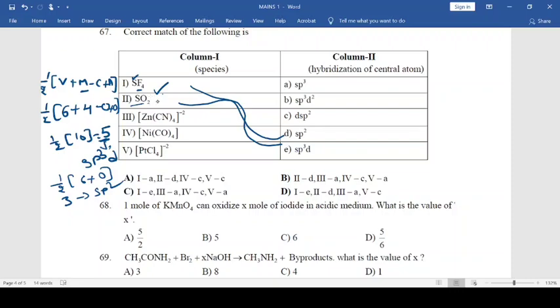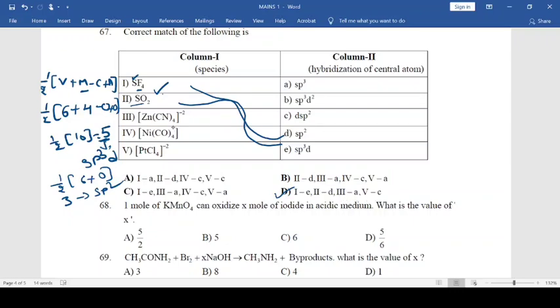So 1e and 2d. After calculating a few, let's check the options first. 1e is this one, and 2 is D. So this is the correct option. And let's check the remaining options also, 3A and 5C.